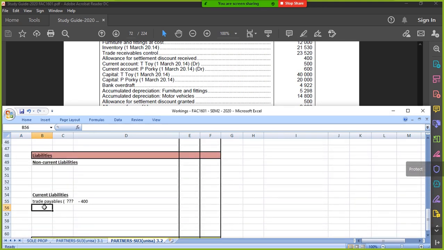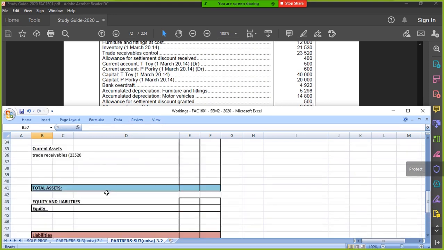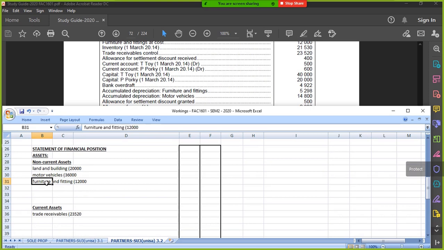Liability, 4,922. Okay, accumulated depreciation, furniture and fittings. Go up. Furniture and fittings minus 5,298. Yes. The motor vehicles 14,840. The allowance of settlement discount granted.